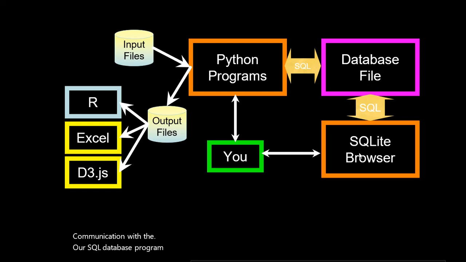In this case, it's going to be SQLite browser, and we, as the person interested in the data, can interact with Python and with the SQL program. The output of what we need can be represented through R, Excel, or JavaScript coming from the Python program.